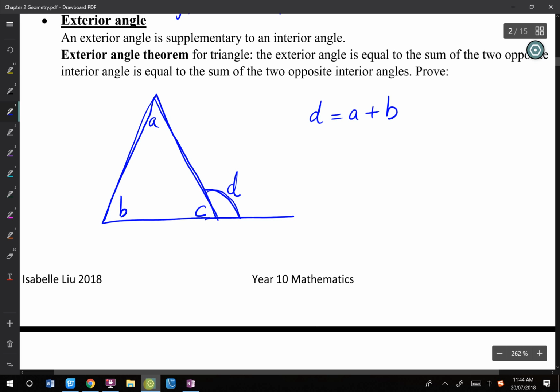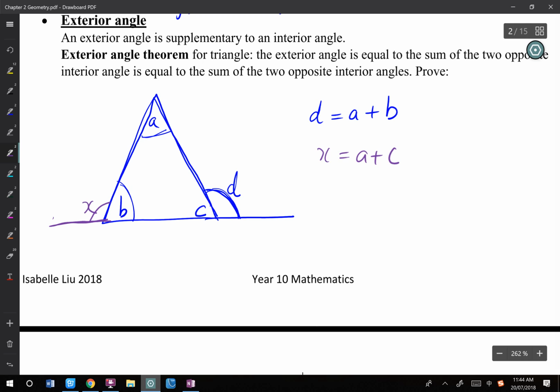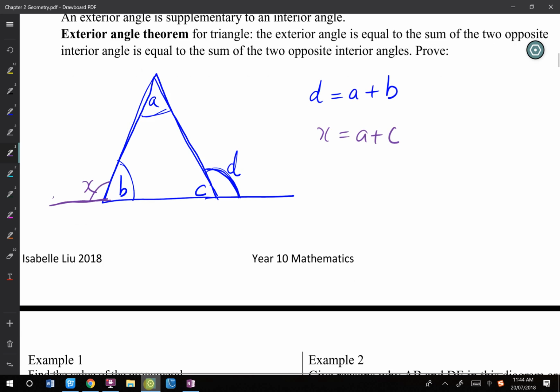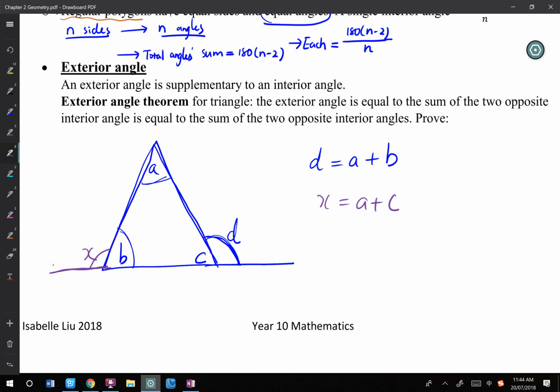The outside equals the sum of those two. D equals A plus B. If I have another exterior angle, for example on this side, say X, then X equals A plus C. The two opposite ones are not the one next to X; they are the other two. So that's the exterior angle theorem.